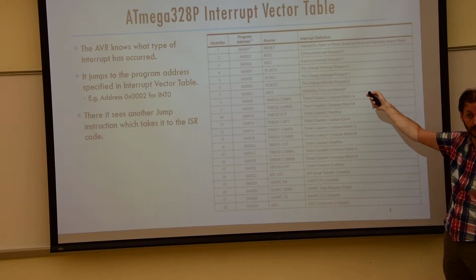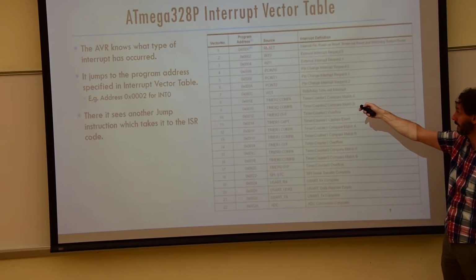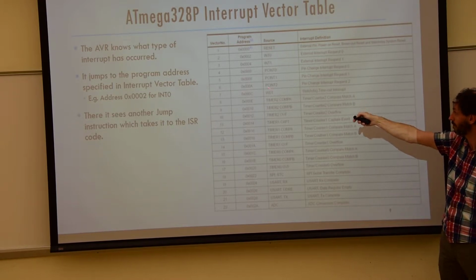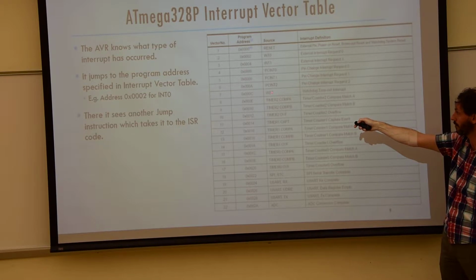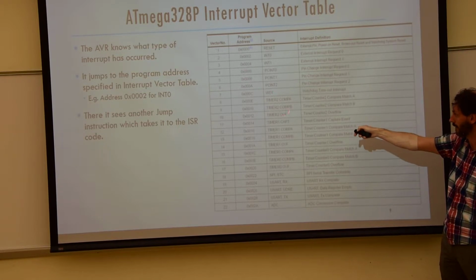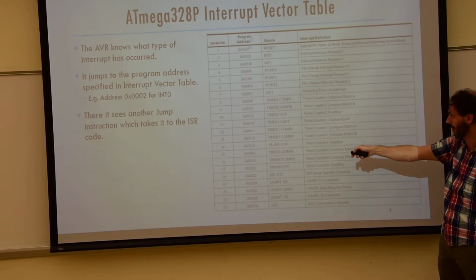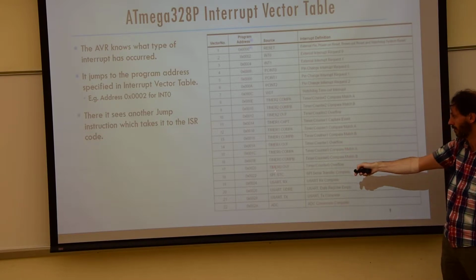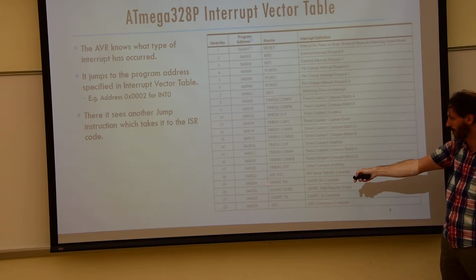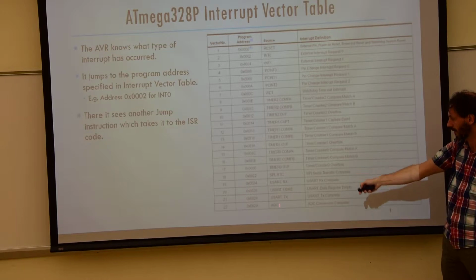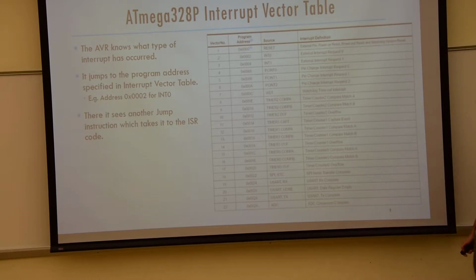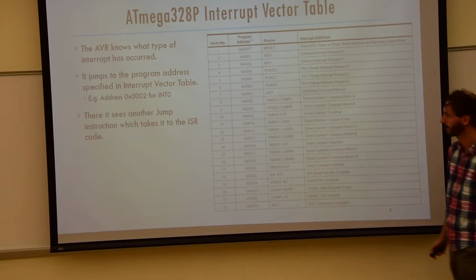So it will first handle an interrupt that relates to a reset, next an external interrupt, then pin interrupts, then a watchdog, then the timers, and a lot of stuff around timer interrupts, all the way down to here. Then we have some communication, which is all this stuff, and finally the analog to digital conversion.